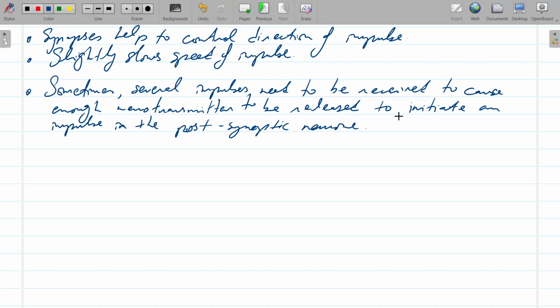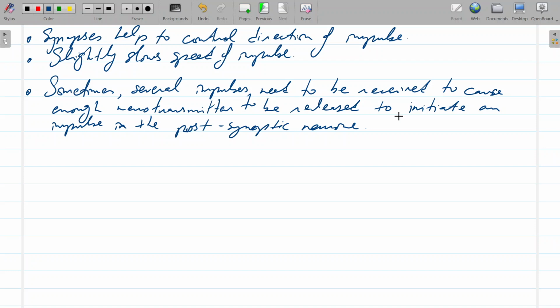Which tells us that there's a certain quantity needed, and there's a reason behind this which you will learn in A level, if you choose to take biology in A level. So you need a certain quantity of neurotransmitter to cause an impulse to travel forward. If the signal is weak, then the impulse will not go ahead.